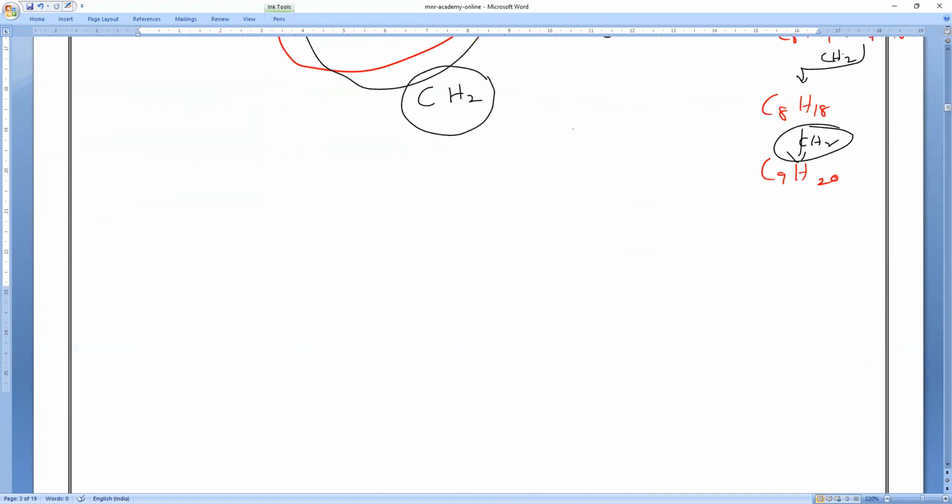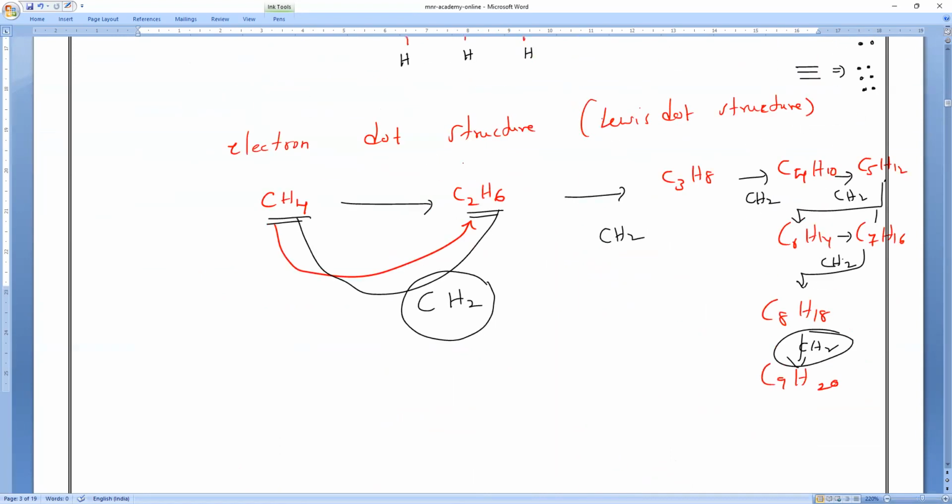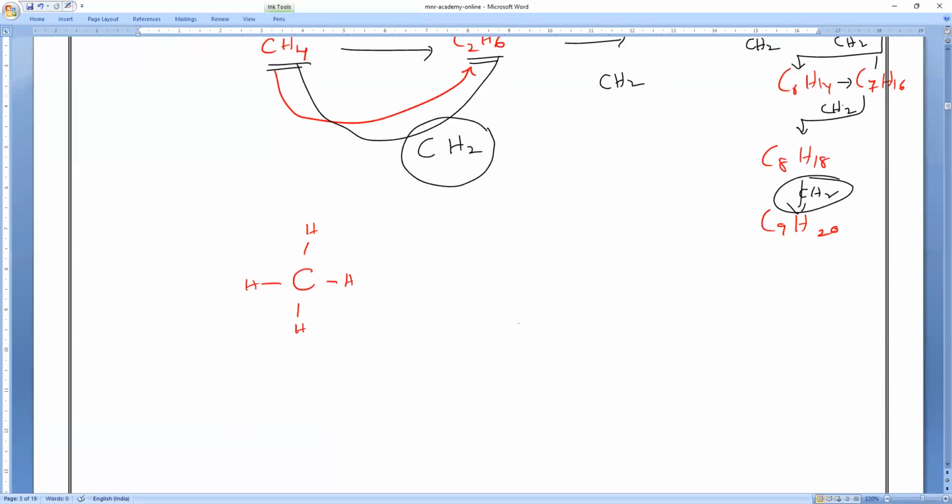Now, the electron dot structure. What is the electron dot structure for carbon? So check it, everybody. Methane is CH4. Am I right or wrong? This is what is called the structure of methane. Now you can see the electron dot structure is very simple. Write C, then 1 hydrogen, 2 hydrogens, 3 hydrogens, and 4 hydrogens.